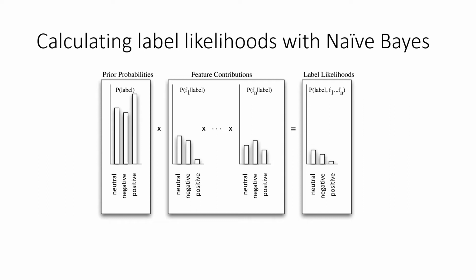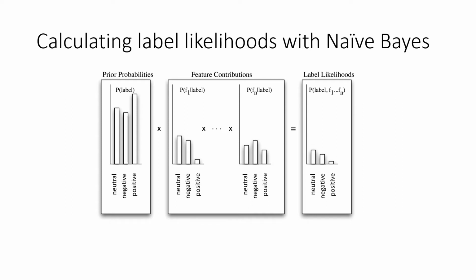Individual features make their contribution to the overall decision by voting against labels that don't occur with that feature very often. In particular, the likelihood score for each label is reduced by multiplying it by the probability that an input value with that label would have the feature.